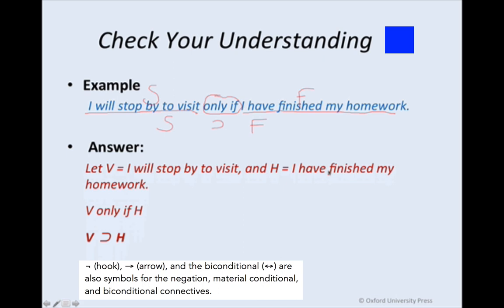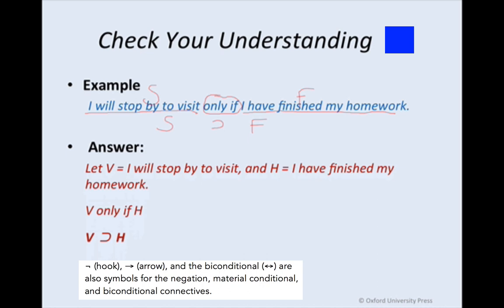So in this case, V is I will stop by to visit, which is fine. That's just a different choice of a capital letter to notate the simple sentence. And H is I have finished my homework. Again, different choice of notation, but that's not important when you're dealing with just choosing which letter to use.